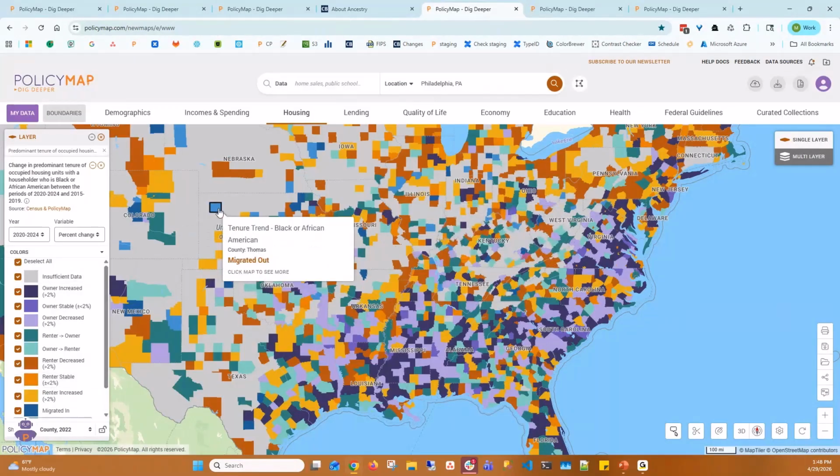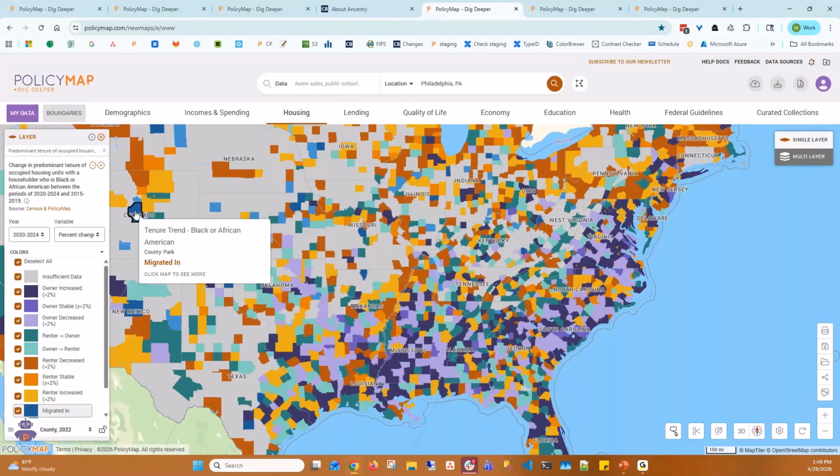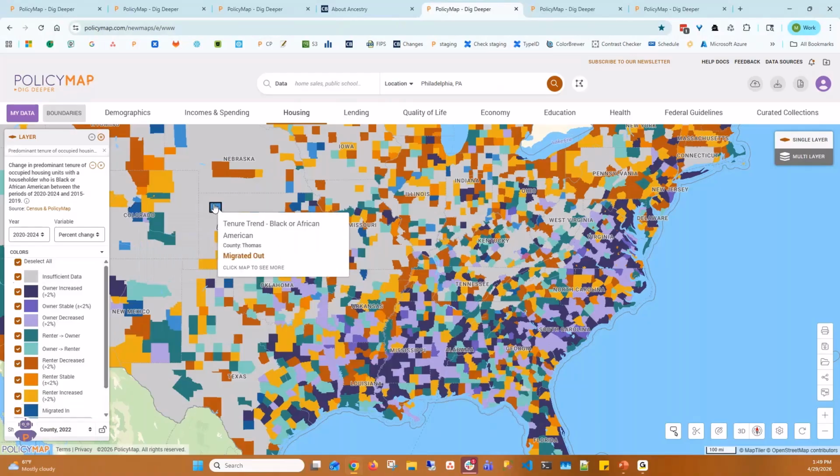For example, if we are looking at this migrated out, there is margin of error that we want to account for. As I said, this is an estimate. The data from American Community Survey is not the decennial and does not ask all 300 million plus people. So we recognize that there's error within the data. In order to make sure that when we're understanding if a population has migrated in or migrated out, we didn't want to overrepresent those migration patterns.